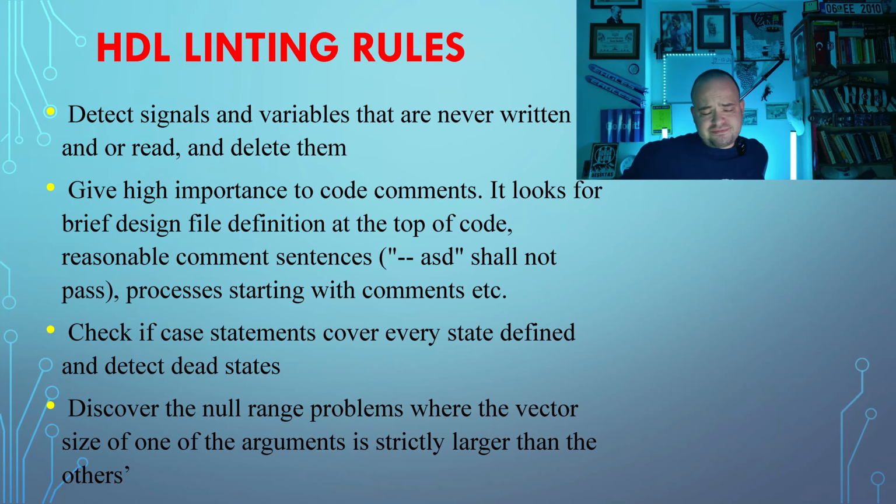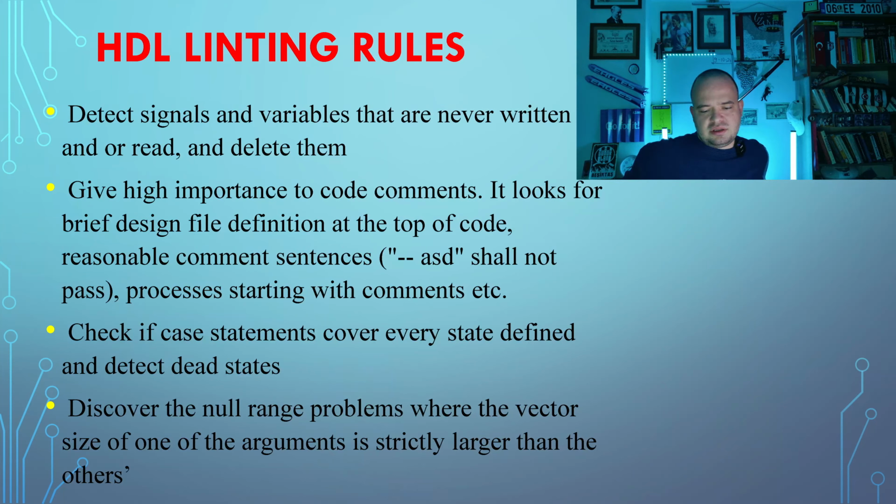Then signals and variables that are never written or read are flying around in the processes inside the .vhd, .v, .sv code you have. So it is really ugly. Also, like the previous ones, it damages readability, reusability, and understandability of that code.